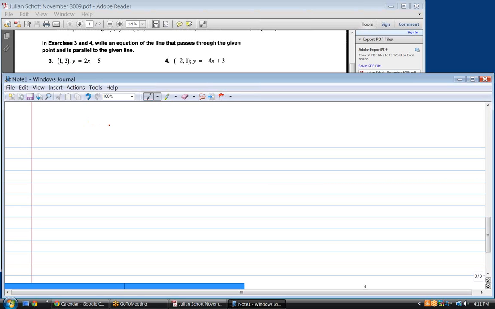Well, with number 3, they don't give you the slope, but they do give you the 1 point. And they give you the equation, not of our line. If this was the equation of our line, we'd be done, because that's what they're looking for, the equation of a line.